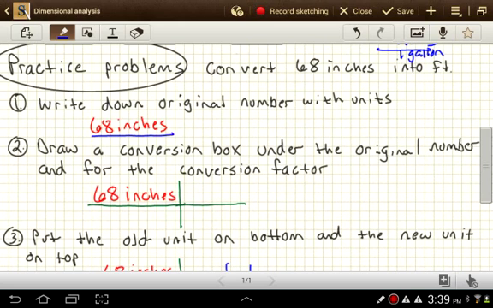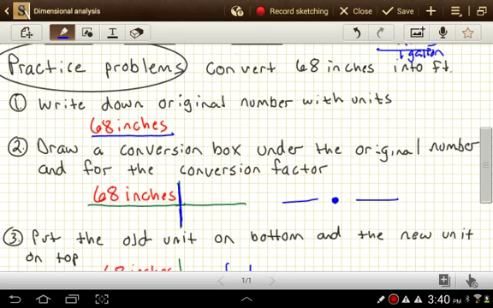Next, I draw a conversion box, and that's just a term I've coined for my classes. A conversion box is just 4 squares that you can box in later, and you multiply across. The conversion box can also be written like this. That means I'm multiplying 2 fractions, and this vertical line just stands for the multiplication sign, but it cleans it up and doesn't take as much space.